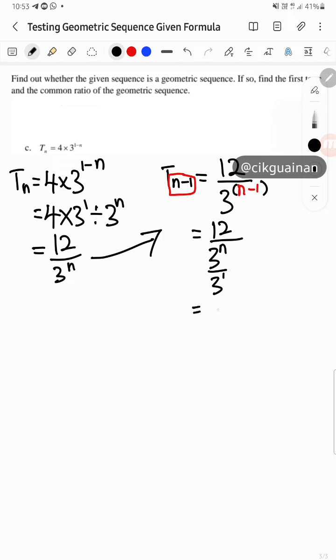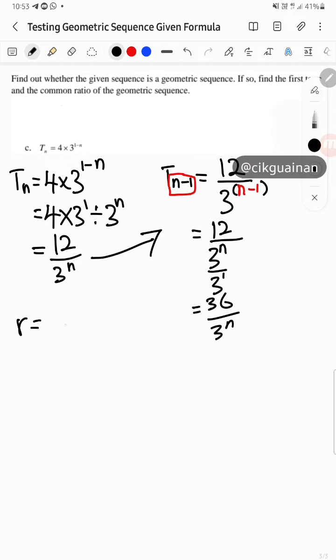So it becomes 12 multiplied by 3 over 3 power n, which is 36 over 3 power n.